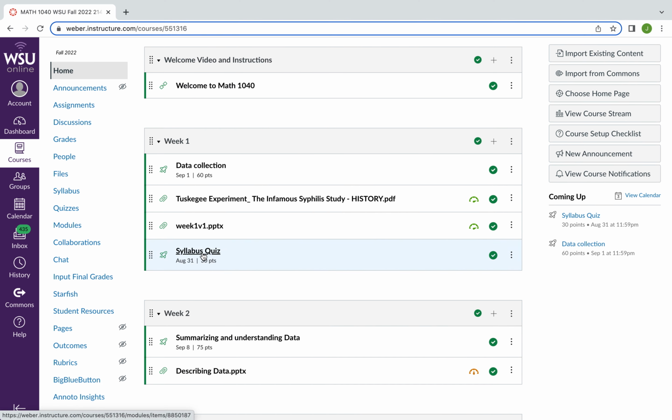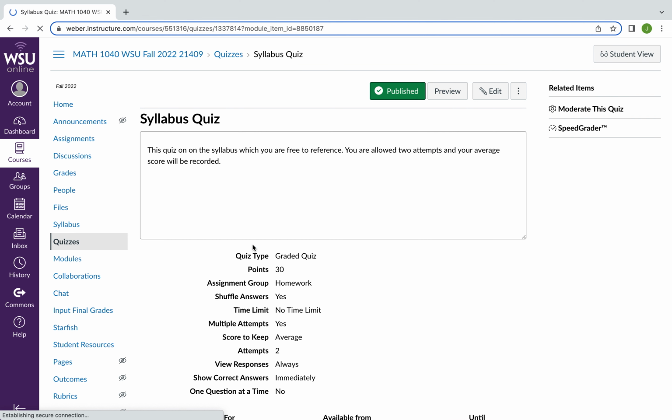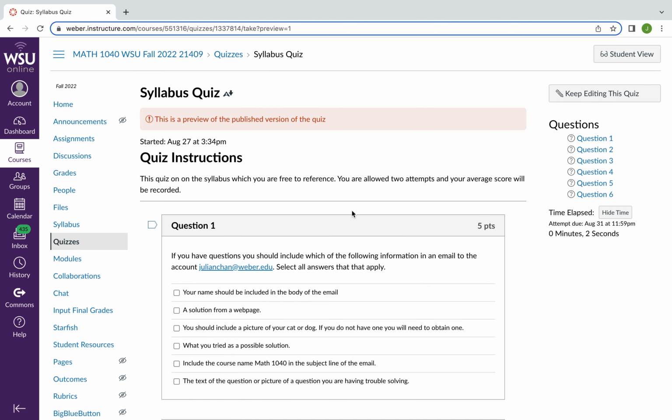For this week, you have a syllabus quiz, and you should be able to answer these questions on your syllabus quiz just by reading the syllabus. So here it's worth 30 points. You're again allowed 2 attempts, and the average is taken. So be sure to read the quiz parameter fields. And here we can preview it.